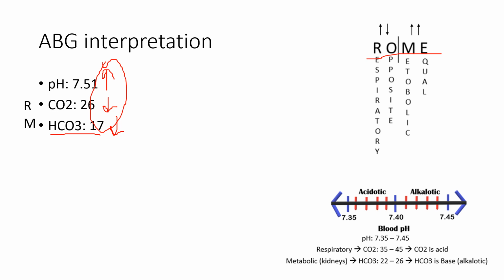So it's trying to reserve some acid. It's trying to get rid of base. We are low on base. The kidneys are working really hard. So we are partially compensated respiratory alkalosis. And again, we're partially because that pH is still out of range.